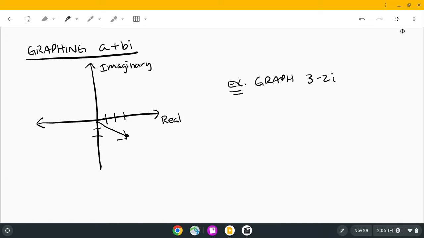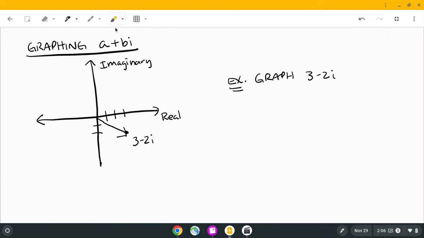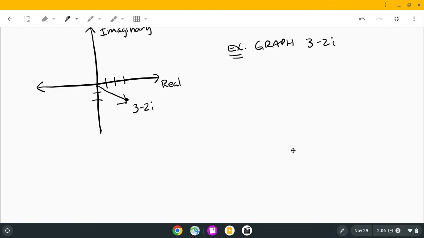So this here is how you would graph the complex number a plus bi. Why don't you try these? Go ahead and graph the following points.